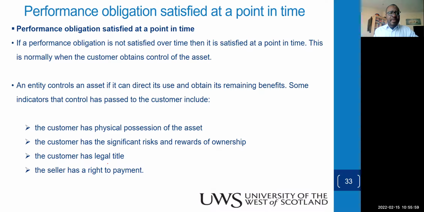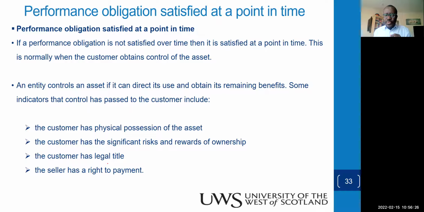Again, what if the obligation is satisfied at a specific point in time, not over time? This is where we say that the customer obtains control of the asset immediately, at a point in time. At this point, we just hand it over to him. He takes over. An entity will control this asset if it can direct its use and also obtain its remaining benefits.